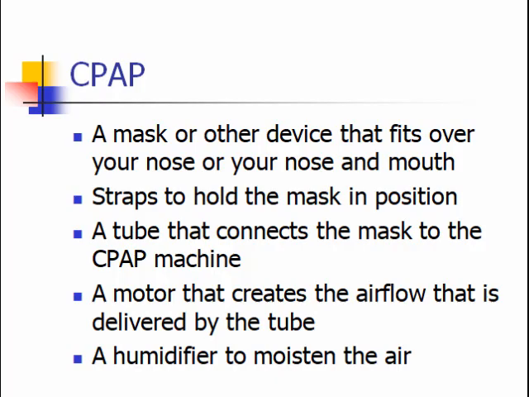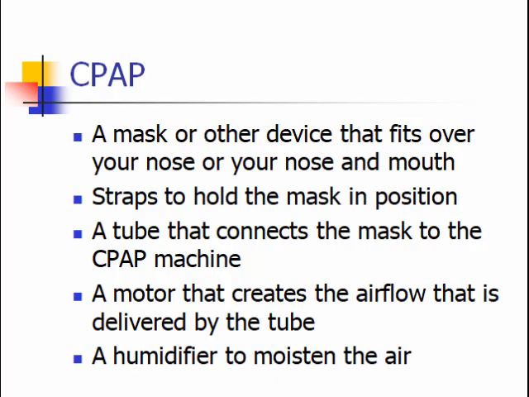Okay, let's talk about this CPAP. We're going to be using a mask or a device that fits over the nose or the nose and mouth together. It's held on the face using straps to keep it in position. There's a tube that connects the mask to the CPAP machine, and this machine has a motor that creates an airflow that is delivered into the tube, up to the mask, and into your airway.